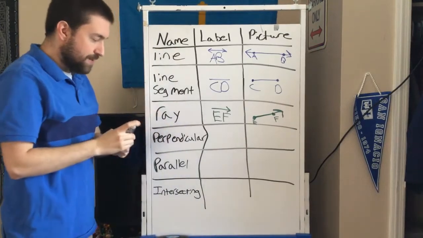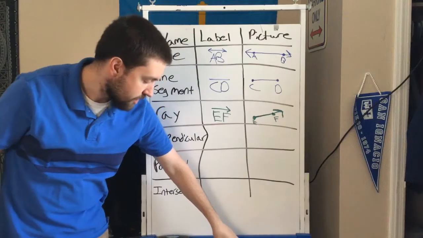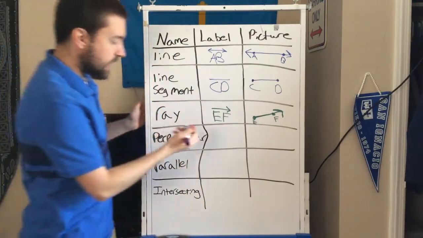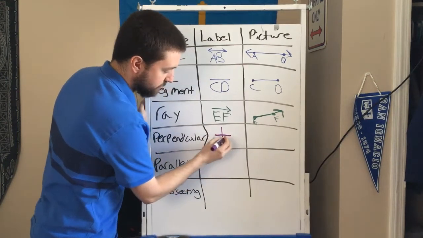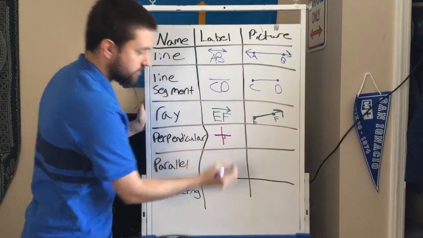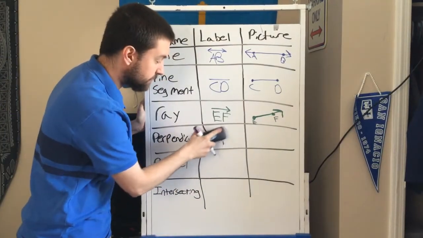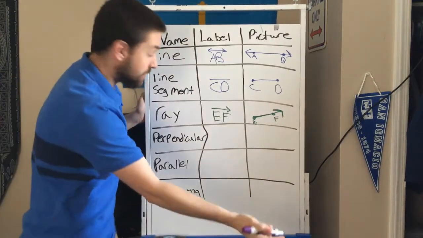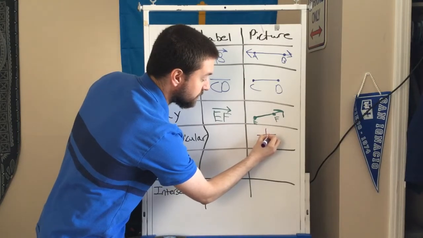Now, perpendicular lines are a very special set of lines. There's only one way that these lines can happen, and that is when there are two lines that come together to make, oop, I didn't draw that right. That doesn't go there. Math video, Mr. S has to make a mistake somewhere. They look like this.